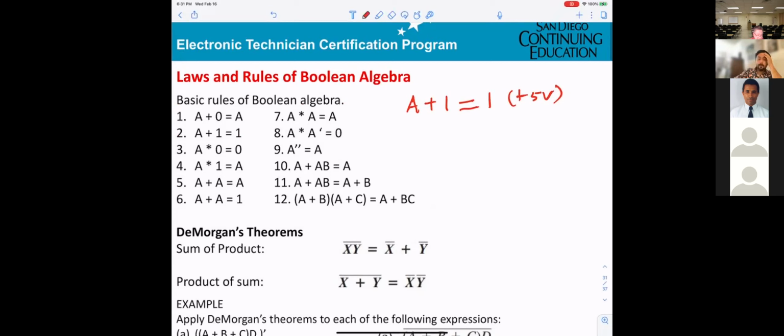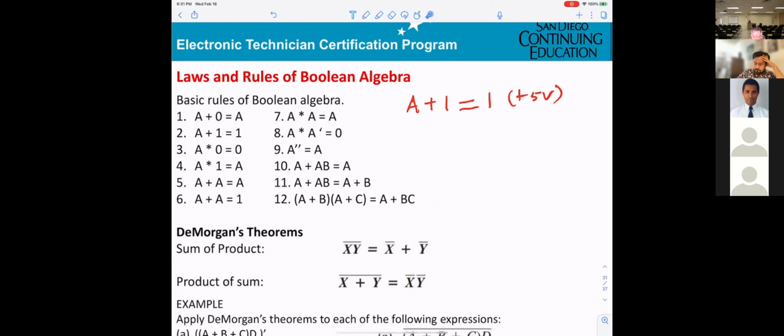Okay? Now, A and 0. A times 0 equals 0, no matter what. Any time times 0, it has to be 0. A times 1 depends on A. A is 0, you get 0. A is 1 times 1, you get 1.